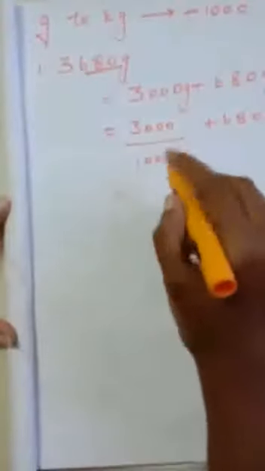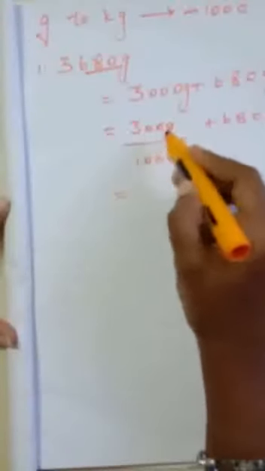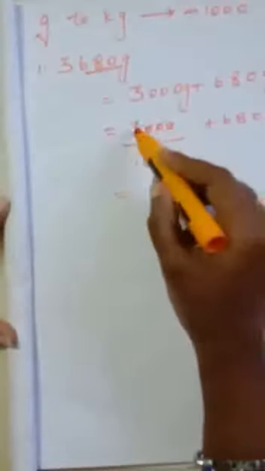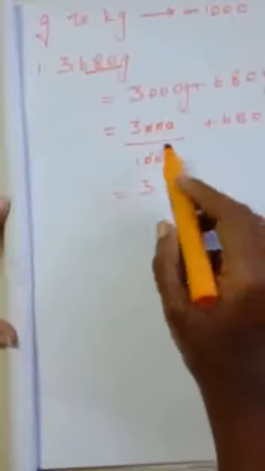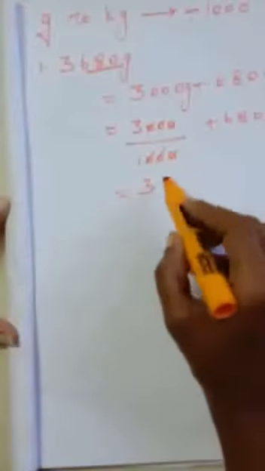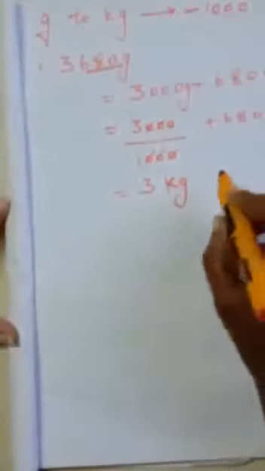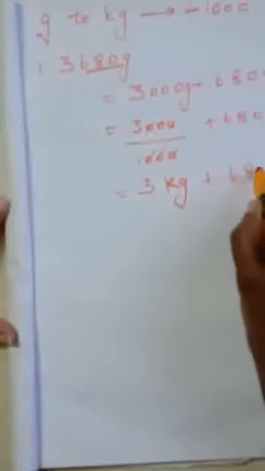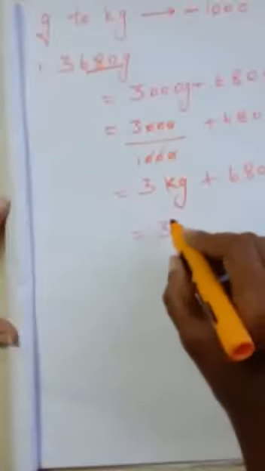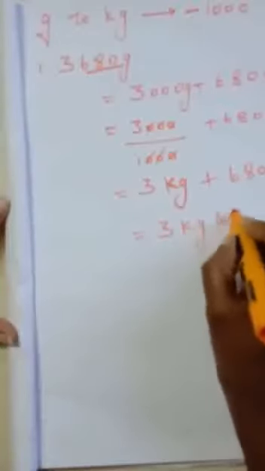And in 3000, 0 will get cancelled, 0 will cancel, and 3 by 1 is 3. So in 3000 gram, when we convert this, what is the kg value? 3 kg plus 680 gram. Finally, how can we write this? 3 kg 680 gram.